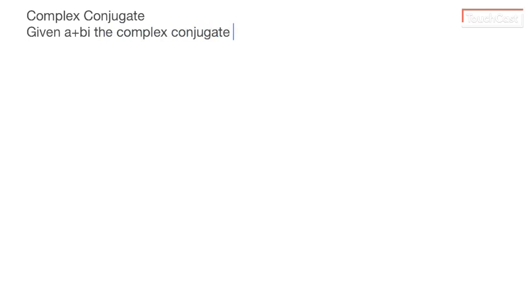Now, before we look at dividing complex numbers, we need to know what the complex conjugate is. All it says for the complex conjugate is, given a plus bi, the complex conjugate is a minus bi.